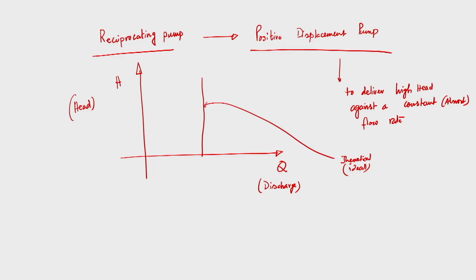Because of that high pressure, there is a leakage of some amount through the glands, as a result of which we get the actual curve, which looks like this. This is the actual curve because of the leakage through glands.